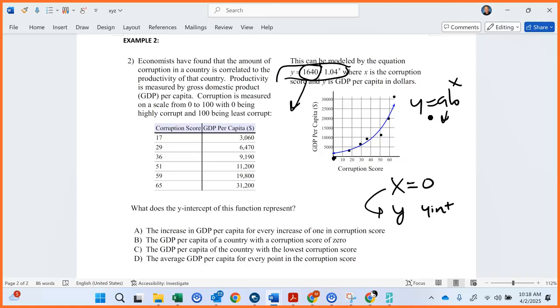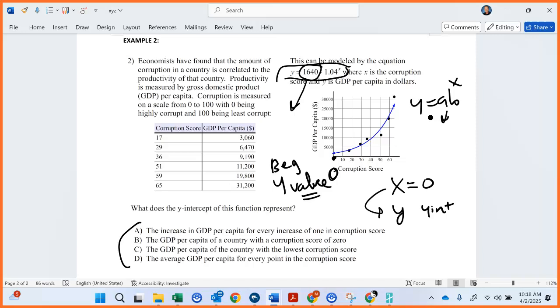So what are they asking then? If they're asking in words, always remember this, and this is in general for anything. The y-intercept is always where x is 0, which means it's the beginning y value, right? So if generically we say that the y-intercept represents where this function or the data begins, then we're going to look in the answer choices for something that matches that.